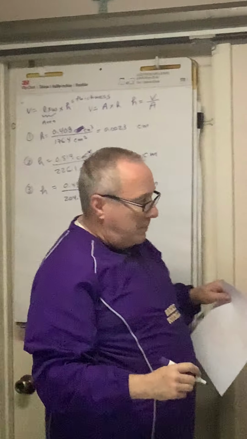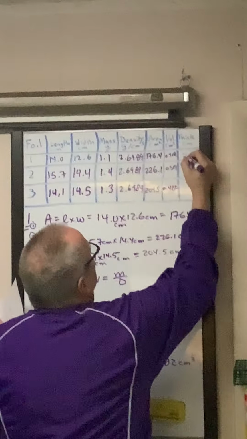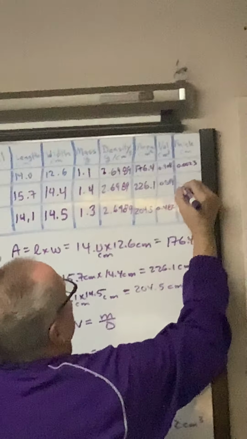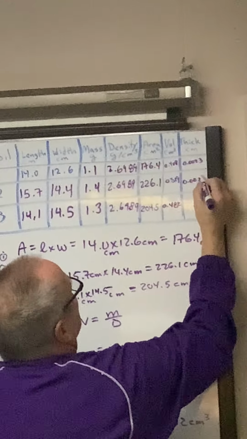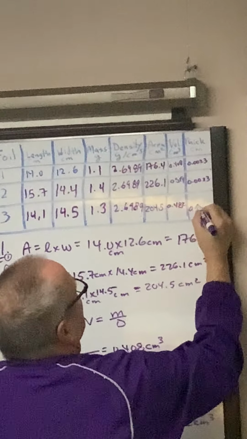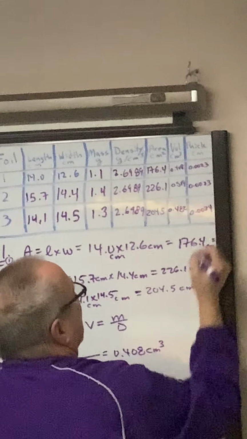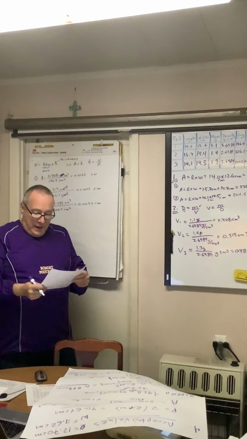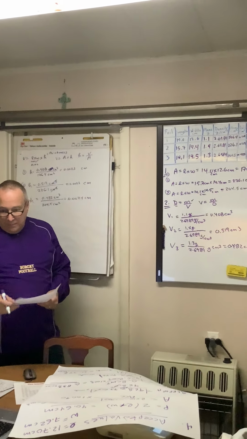So, let me add them to my column. You will add them to your column. 0.0023, 0.0023, and 0.0024 centimeters is the thickness of my heavy-duty aluminum foil.